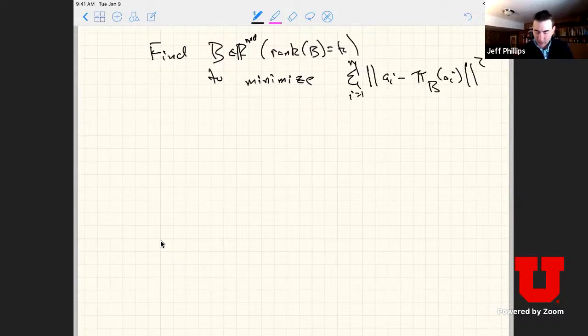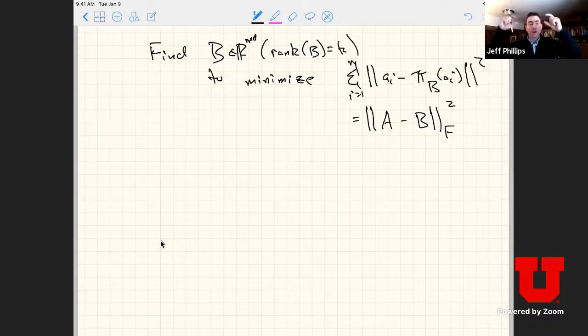This is exactly equal to the Frobenius norm of A minus B. I'm just summing up the squares of all the components here. Remember, I can take the squared norm of each row and just add those up.